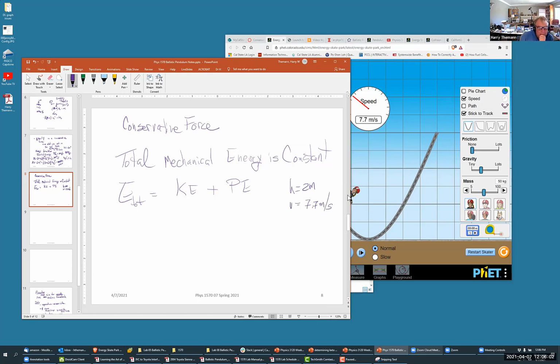So we have 1/2 times 50 kg times 7.7 meters per second squared plus 50 kg times 9.8 meters per second squared times 2 meters. Let's all calculate that now.